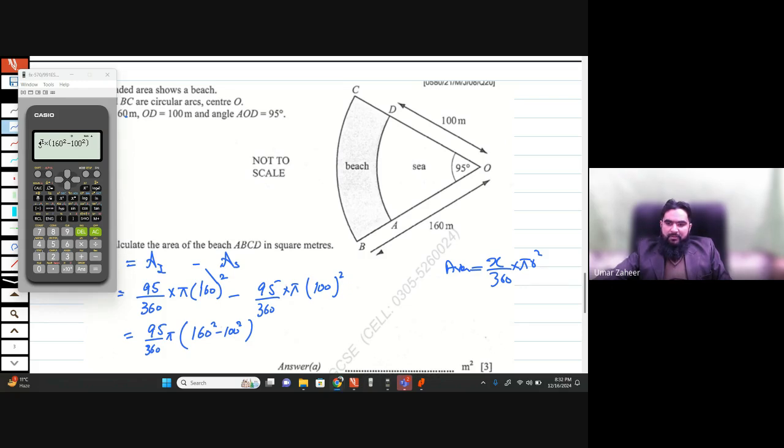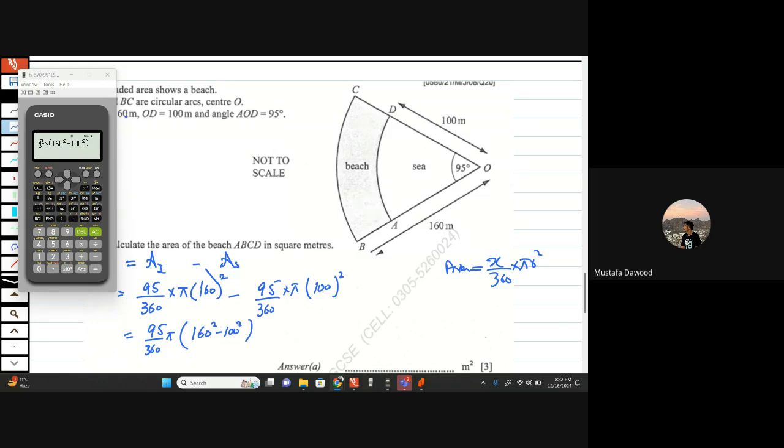Please find this answer on your calculator. Sir, 12933.